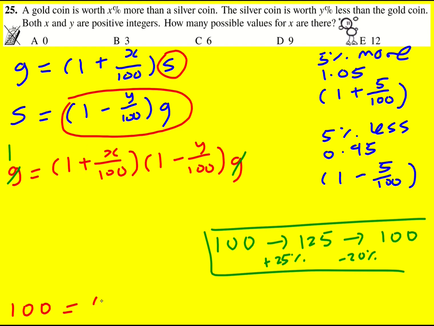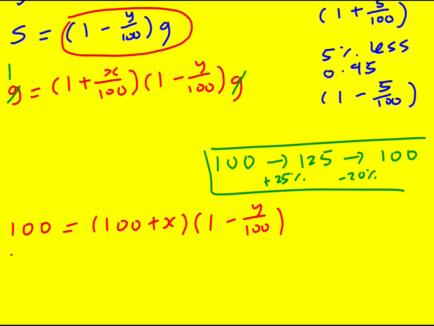I'm going to get 100 equals 100 plus X times 1 minus Y over 100. And then I can multiply through by 100 again. Actually going to get 10,000 is equal to 100 plus X times 100 minus Y.